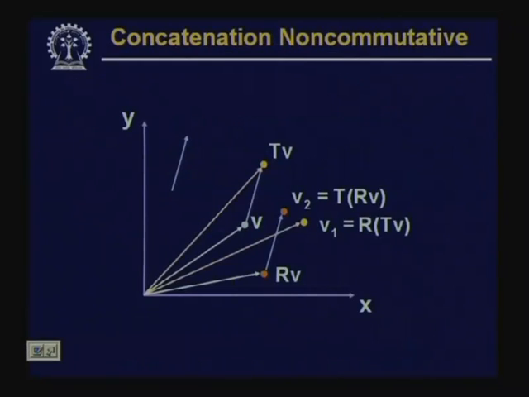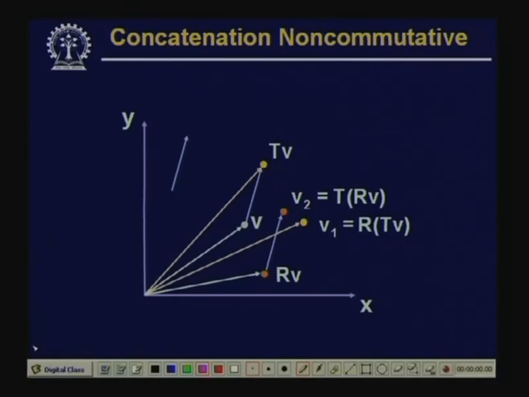Now, you note that whenever we are going for concatenation of transformations, the order in which these transformations are to be applied is very, very important, because these matrix operations are in general not commutative. Just to illustrate that these matrix operations are not commutative, let us take this example.